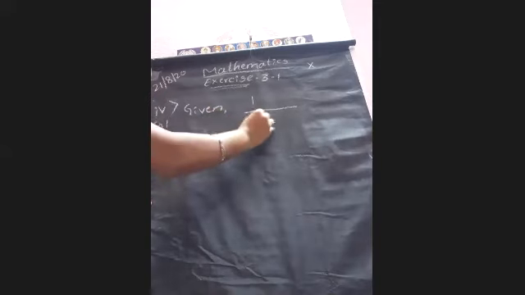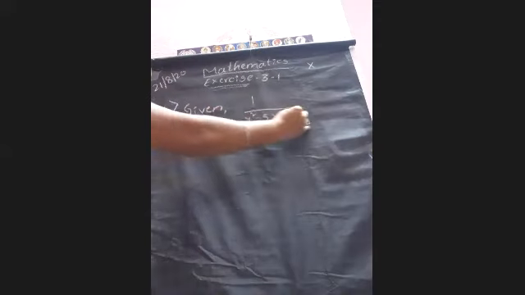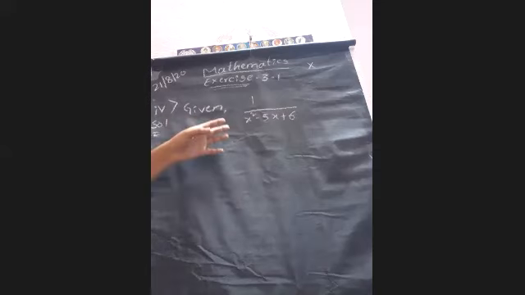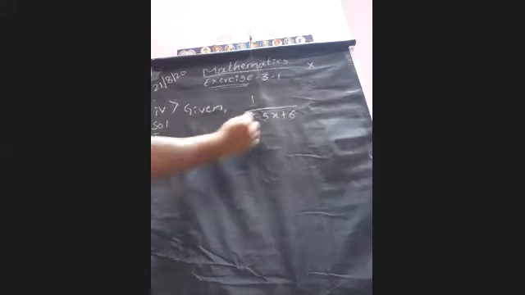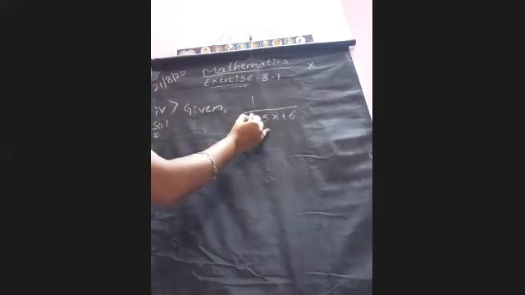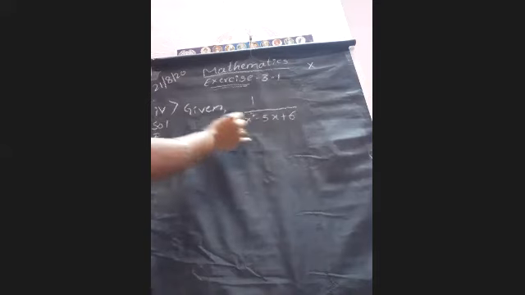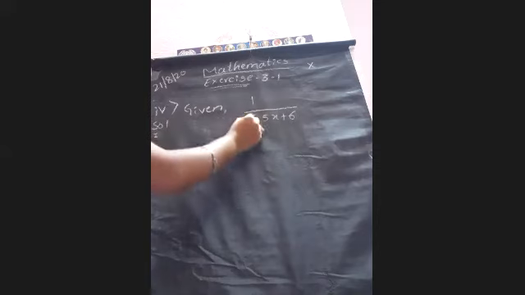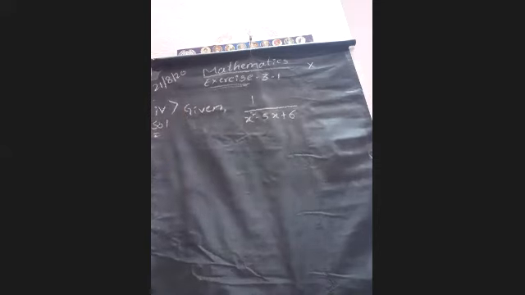Here x square has degree 2, so you might think it is a polynomial, but it is not. Numerator by denominator won't be accepted for a polynomial. Only the numerator is accepted. So this statement is false.